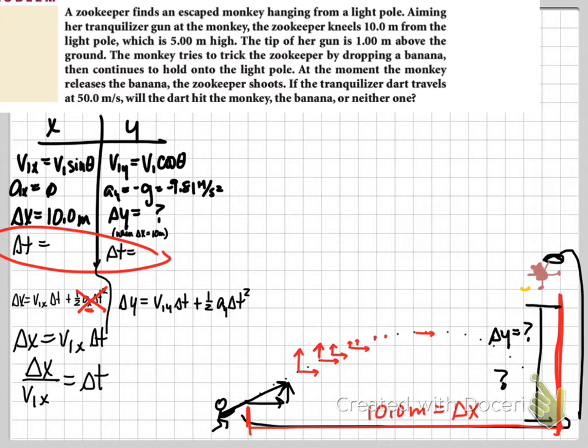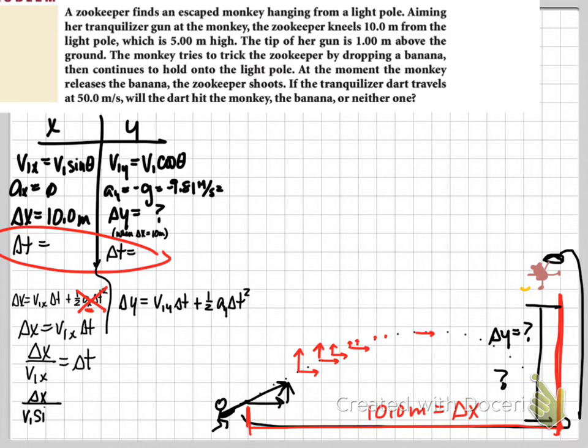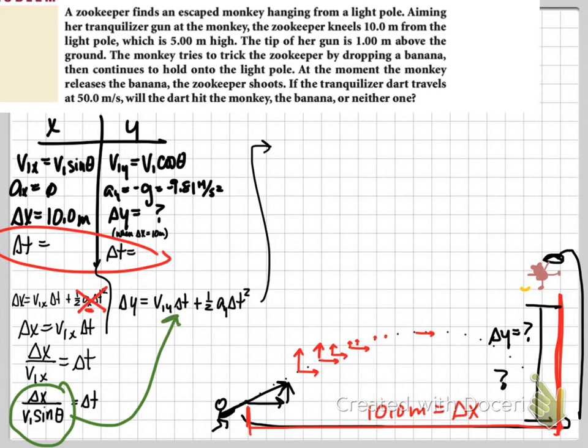Now, it's really important here that you put that expression in now, because if you put in your entire value for Vi, all hope is lost. So delta x over, well, this is Vi sine theta equals delta t. Over here, nothing cancels. But we do have this little beauty that we can plug in two locations.